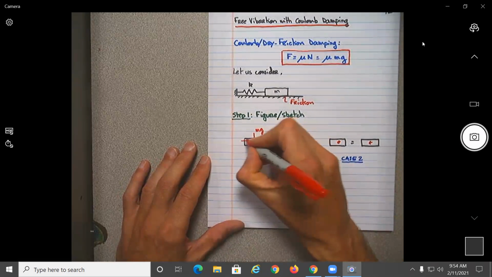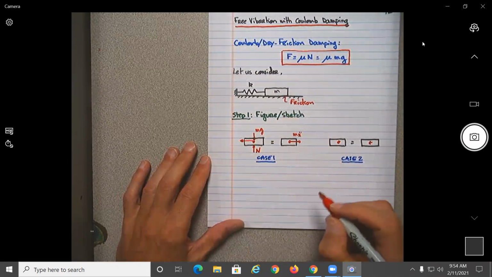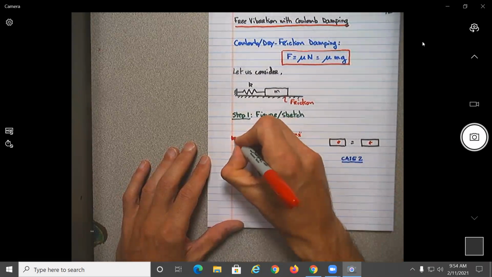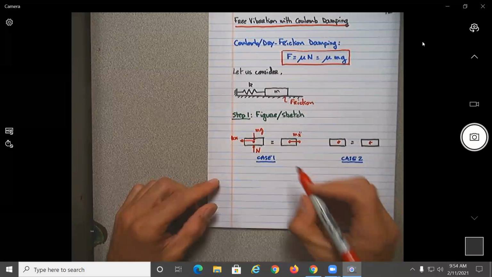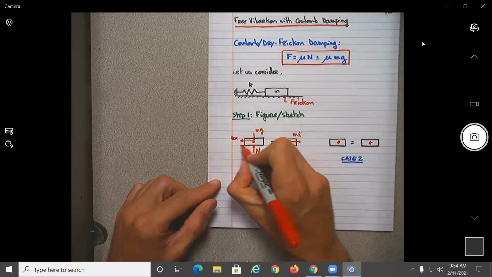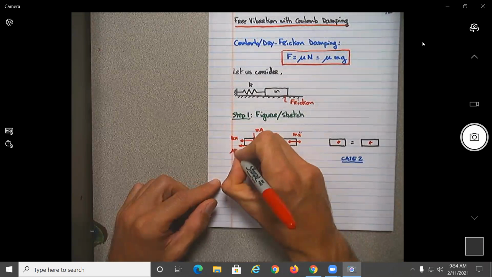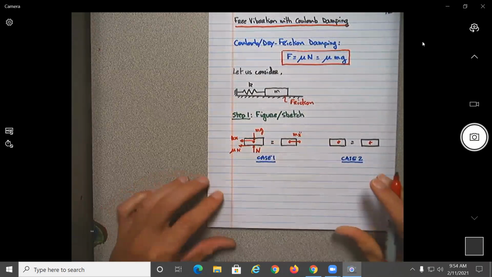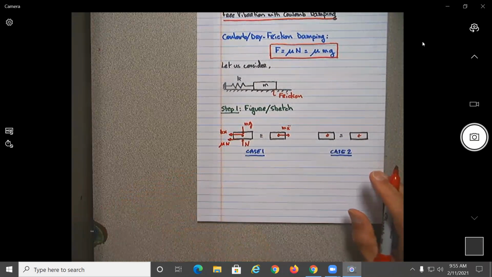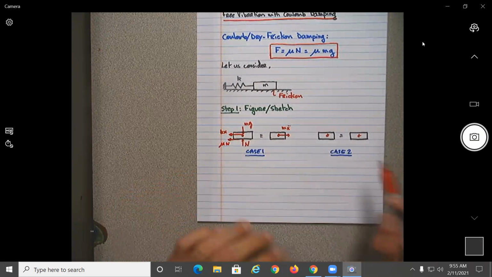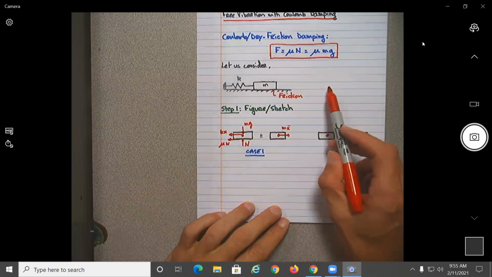We first have the force of the spring kx in the opposite direction, but at the same time, we're going to have the friction force in the opposite direction equal to mu sub m. So this is the time that the block is going to the right.